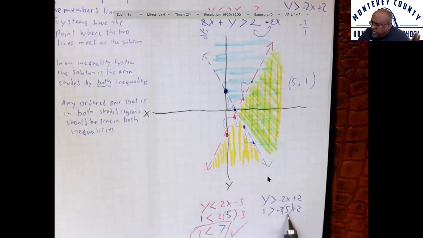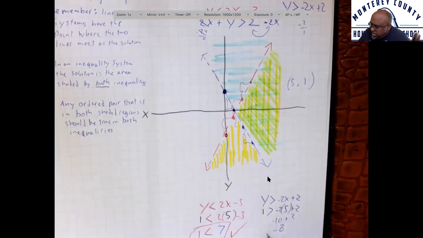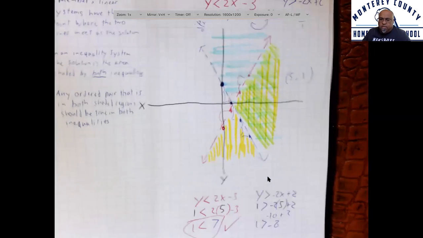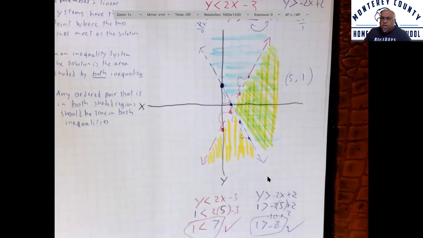Negative 2 times 5 is negative 10. Negative 10 plus 2 would be negative 8. So is 1 greater than negative 8? Yes, that is true. 1 is greater than negative 8. So that's how you solve a system of inequalities.